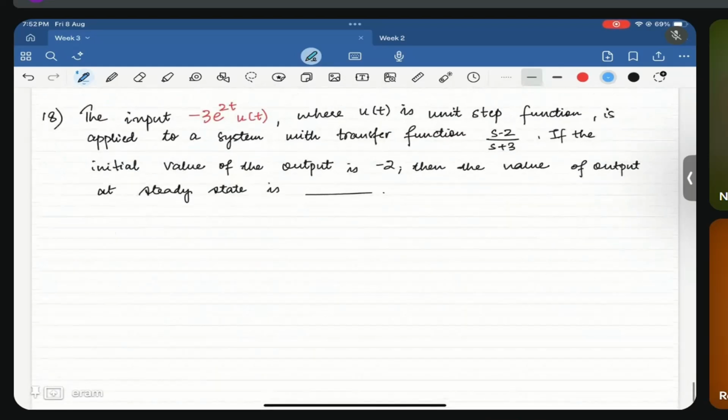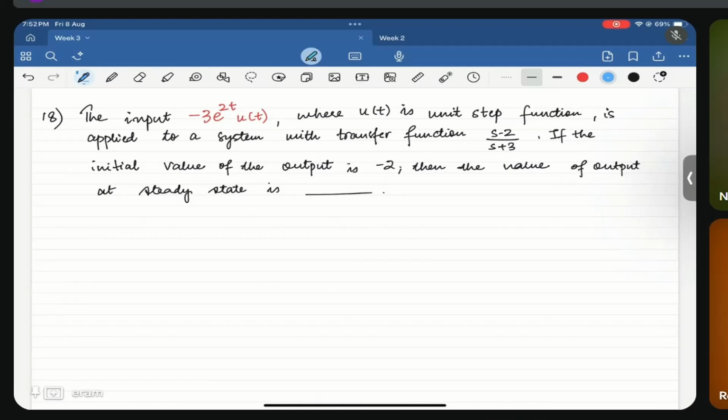Okay, so the last question. Here the input is minus 3 e to the power minus 2t into u(t), and u(t) is a unit step function, applied to the system whose transfer function is (s minus 2) by (s plus 3).